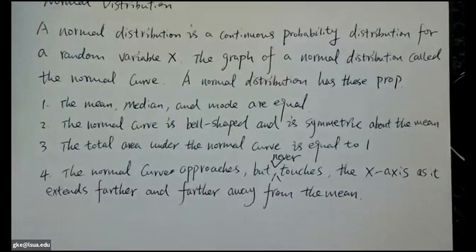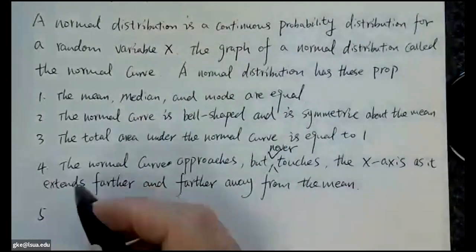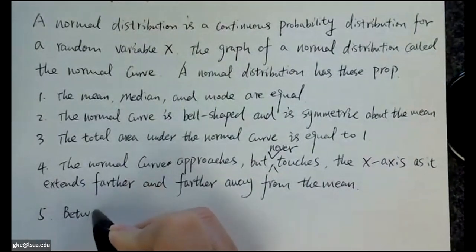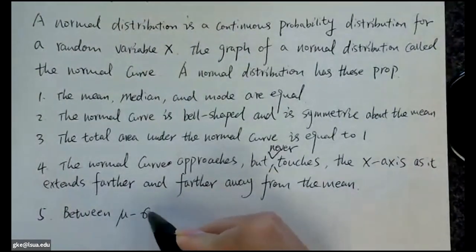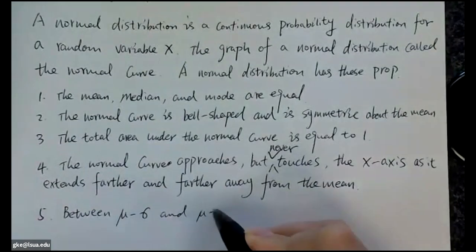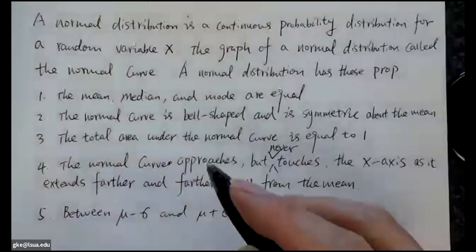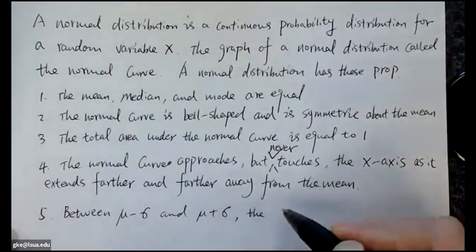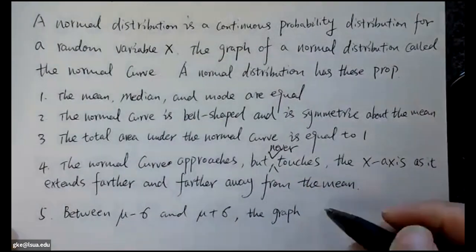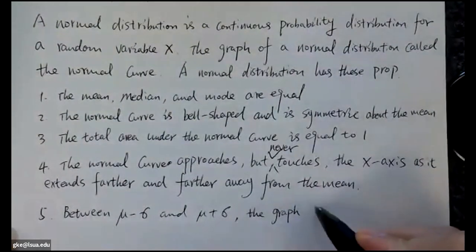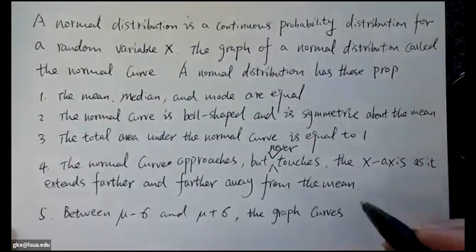Now, the number 5. Between mu minus sigma and mu plus sigma, the graph curves downward.